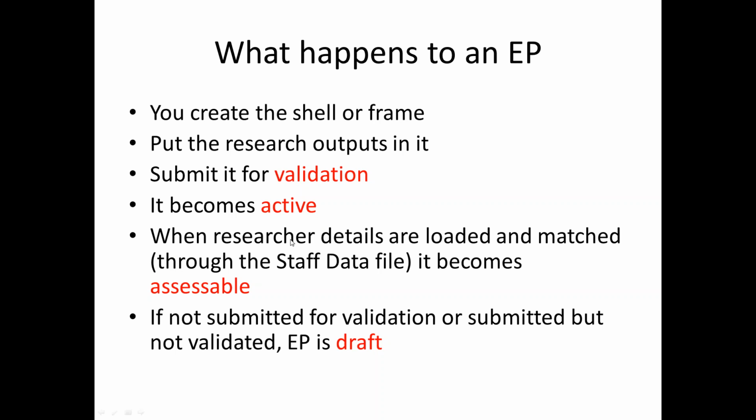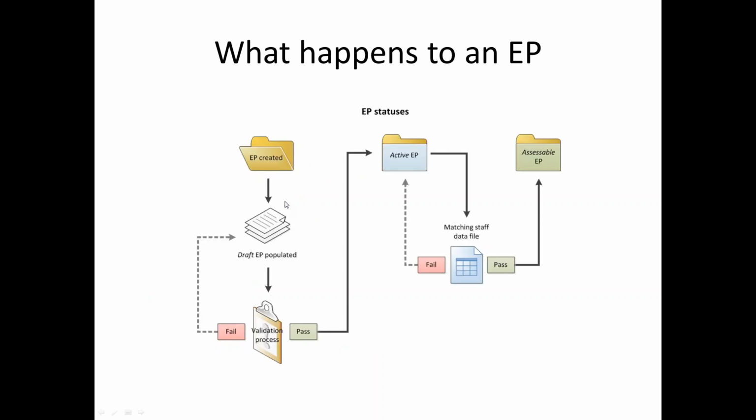Then the researcher details are loaded and matched, and that's where the staff data file comes in, and it becomes accessible. If it hasn't been submitted for validation, or it has been submitted but it's not validated, then it is in draft status. And here's a diagram to show you that.